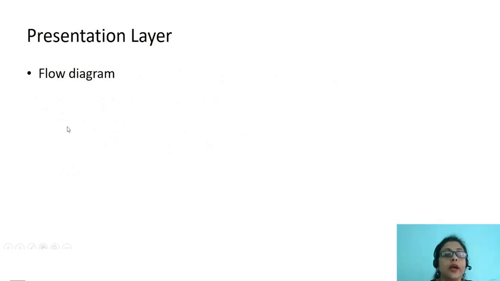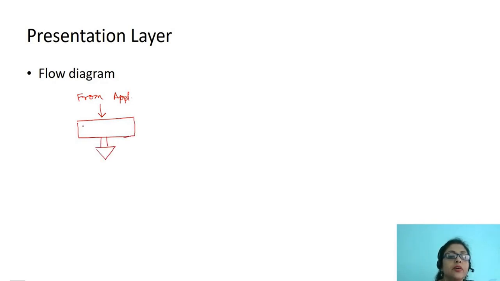Let's look at the flow diagram of the presentation layer. Data from the application layer will come here and go to the presentation layer, and from the presentation layer compression, encryption or data translation can happen, and here we get the D6 data.